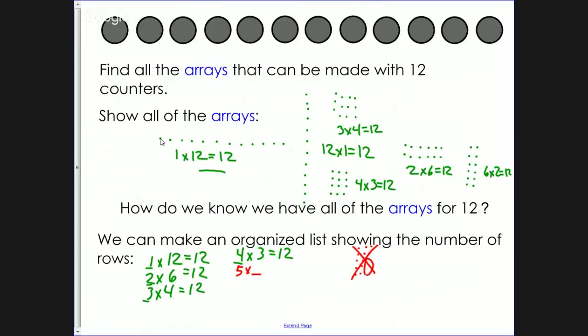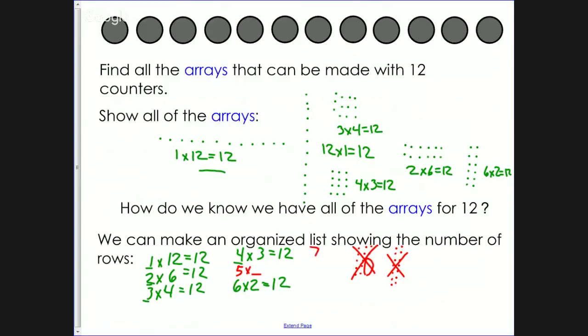6, we can use 6. We've discovered that up at the top. So we can have 6 times 2 equaling 12. So then 7. Can I have 7 rows going down? If I did that, another 7 would actually take us bigger than 12 because 7 plus 7 is 14. So that won't work either.